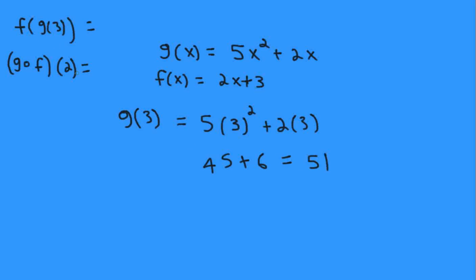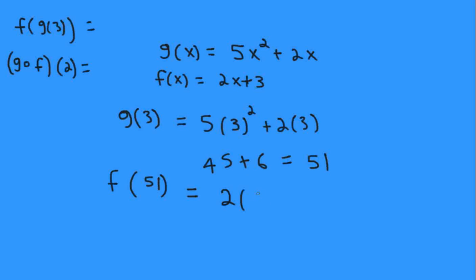So now all we have to do is take that 51 we just got, which is g of 3, and now we're solving for f of 51. So basically, we just do the same thing, plug in 51 as our x value.